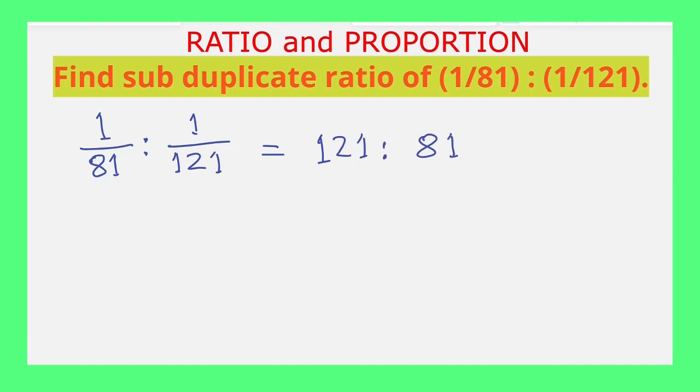Now the subduplicate ratio is square root of 121 ratio square root of 81, and this is equal to 11 ratio 9, as square root of 121 is 11 and square root of 81 is 9. So our answer to the question is 11 ratio 9, which is the subduplicate ratio of 1 upon 81 ratio 1 upon 121. We go to next question.